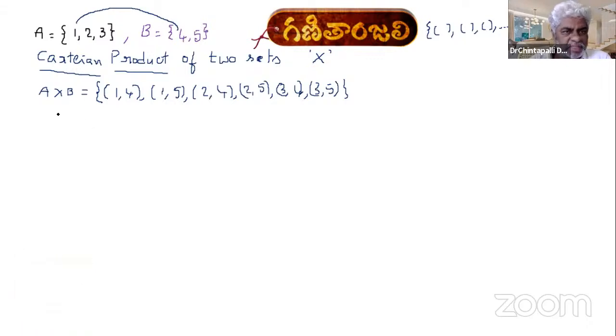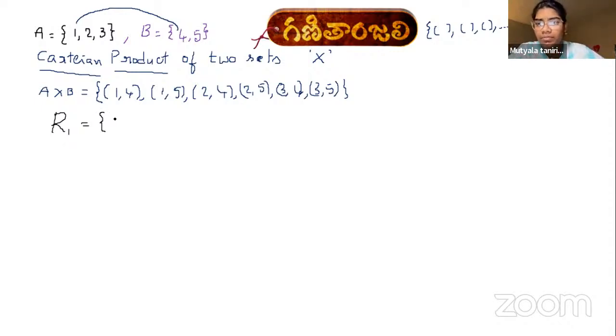Let R1 be one of the subsets of A cross B. Pick some elements in A cross B, any of your choice. 2, 4. Yes, 2, 4 is one of its elements.